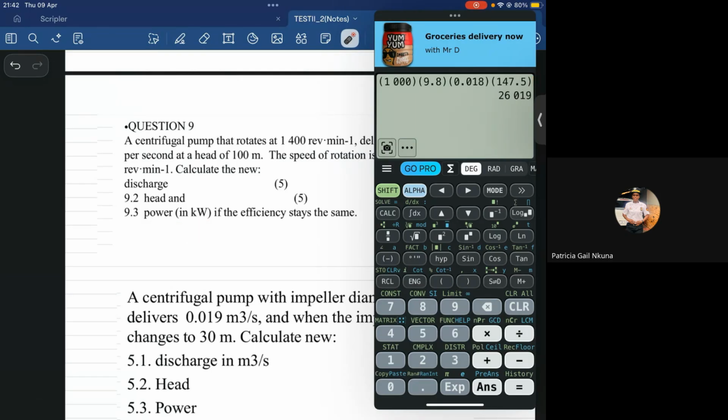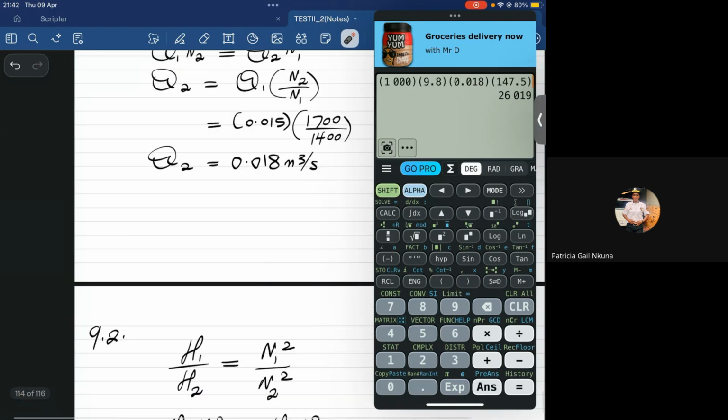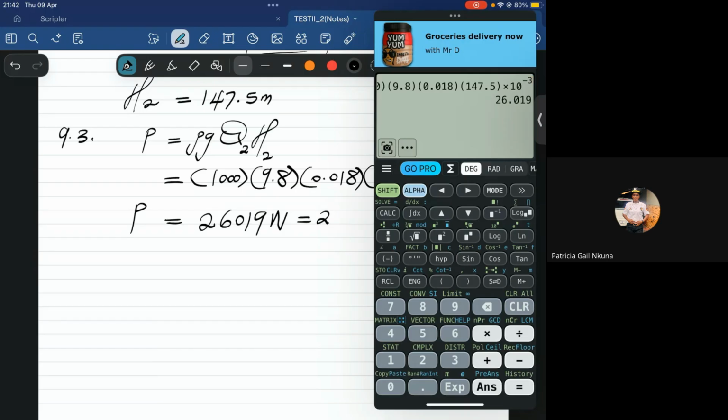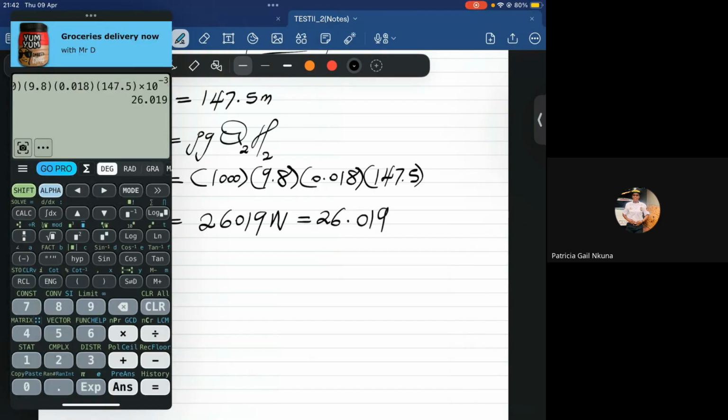So of course, to convert this power from watts to kilowatts, we'll have to divide this 26,019 by 1,000 or multiply it by 10 exponent negative 3. So that is equals to 26.019 kilowatts. That's it.